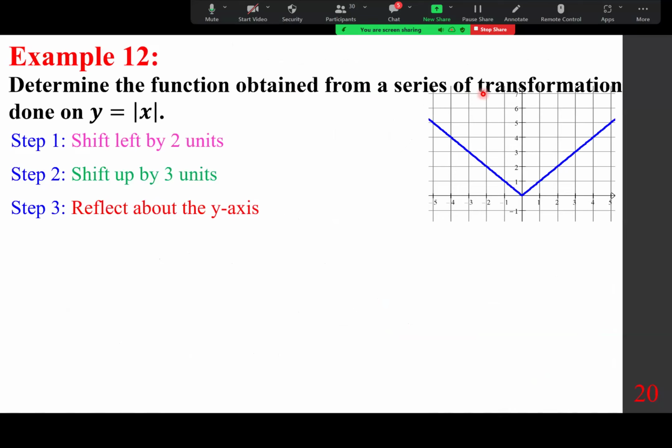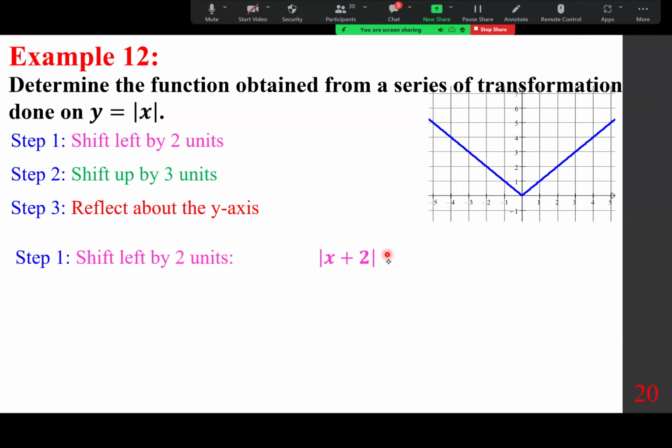Determine the function obtained from a series of transformations. Of course, this is an absolute value function. Number one, shift left by 2 units. So absolute value of x plus 2. Then shift up by 3 units.